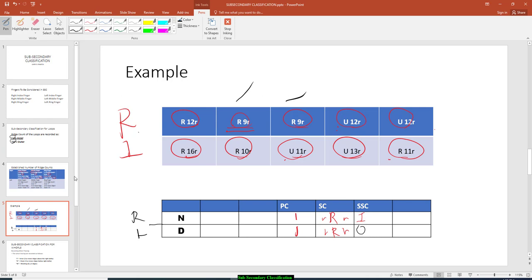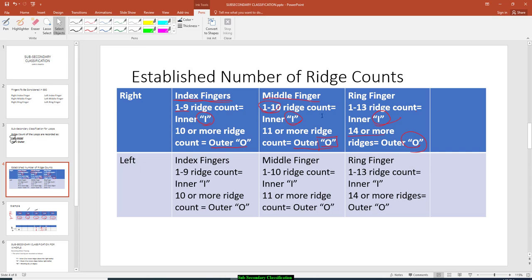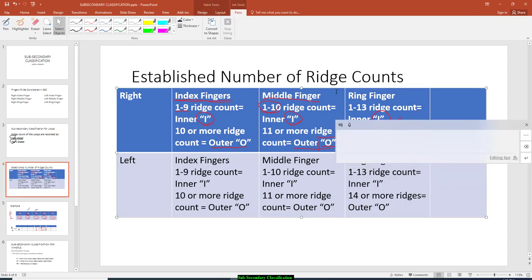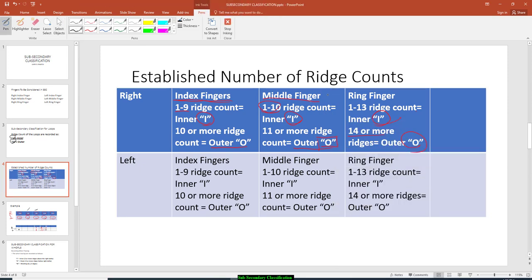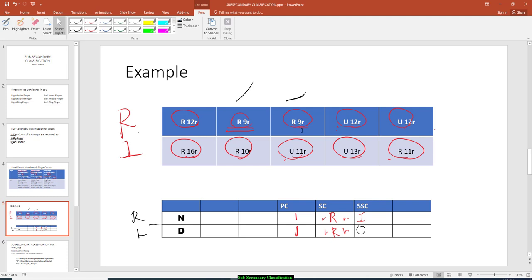Let us go back to the bracket. Middle finger here. Middle finger 1 to 10 ridges will be inner or capital letter I. 11 or more ridges will be outer with capital letter O. So let us go back. Middle finger. We have here 1 to 9 ridges.